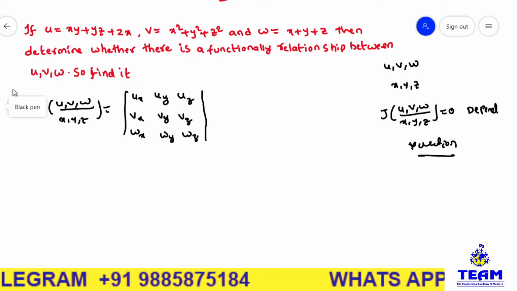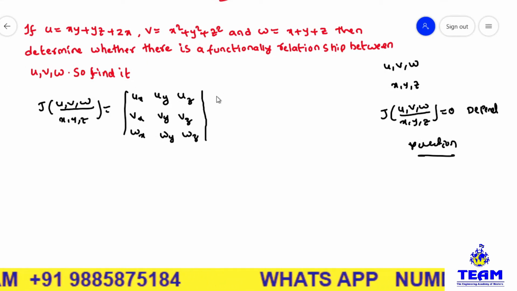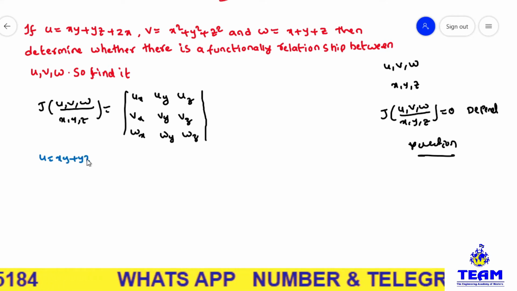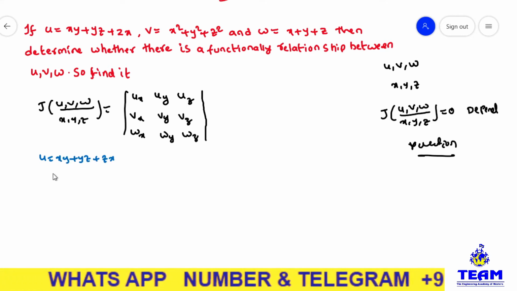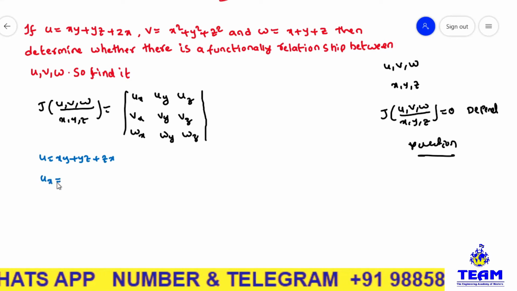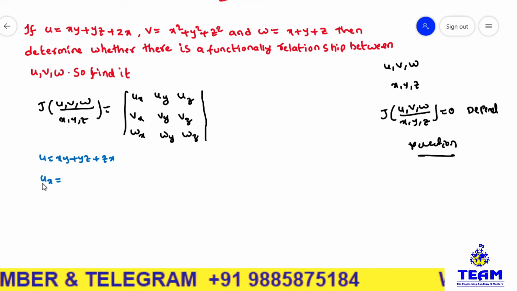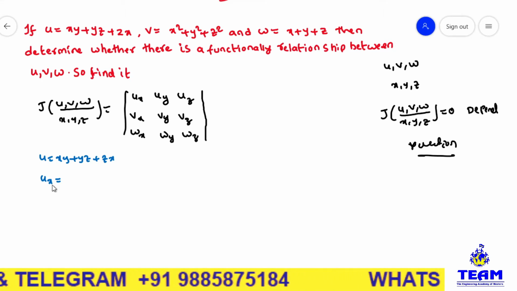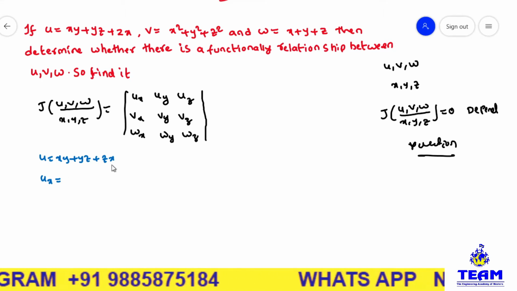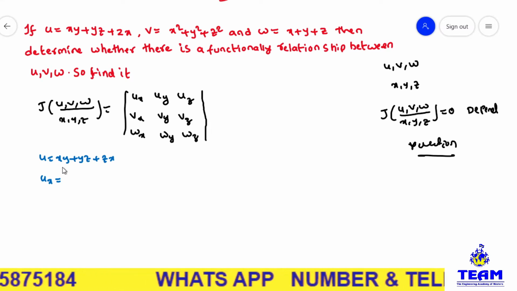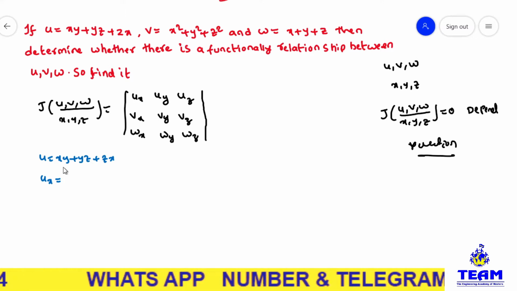Now I am writing the given function u is equal to xy plus yz plus zx. Now I am finding dou u by dou x, the partial differentiation of u with respect to x. Here you observe u has three terms. While differentiating partially with respect to x, we treat all other variables as constants.